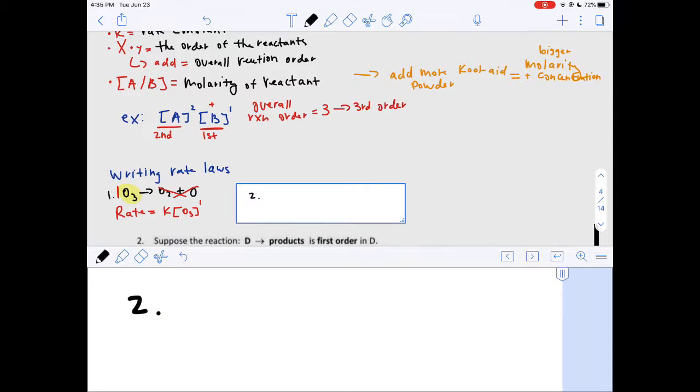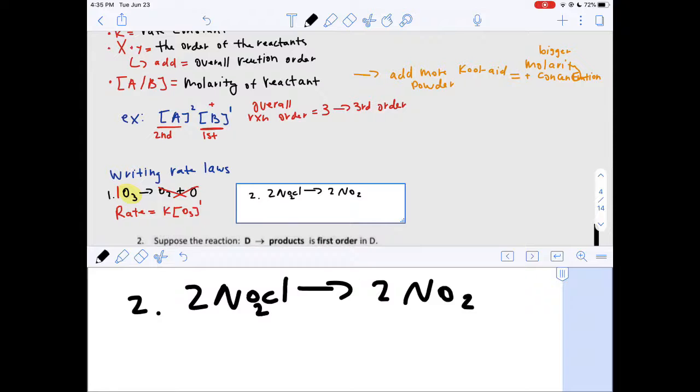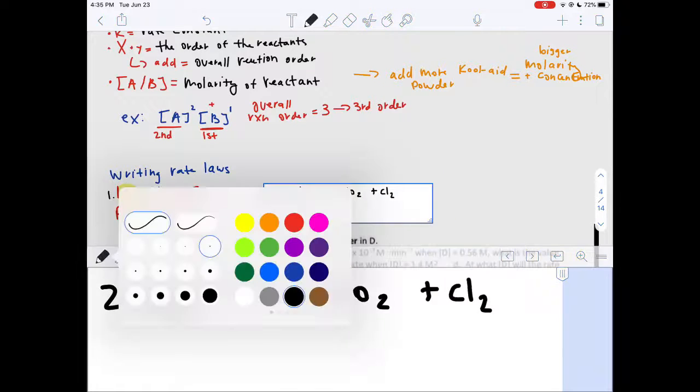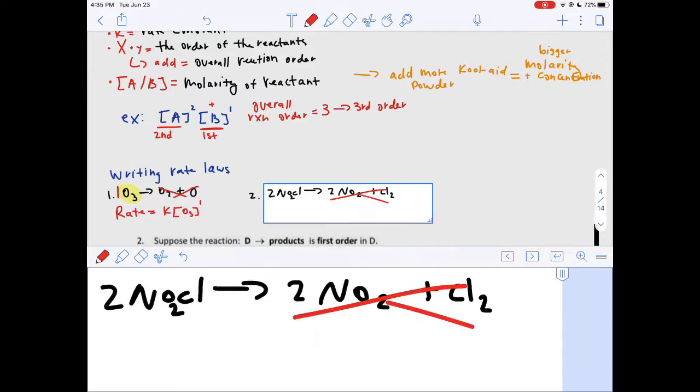Another example, to make things a little more complicated, is you have two NO2Cl compounds, my bad, and it decomposes into two NO2 compounds and some chlorine. Again, don't care about these at all.